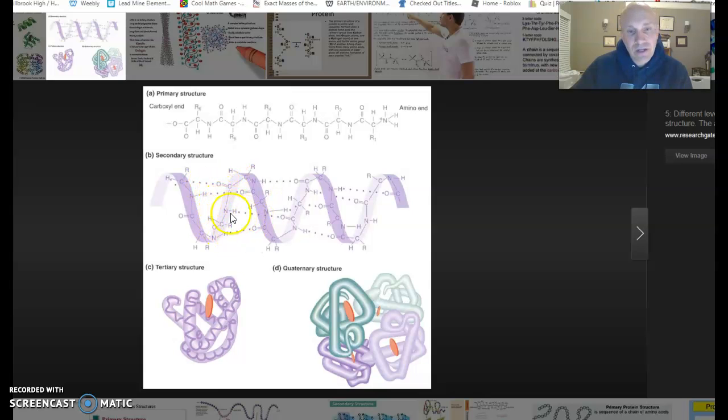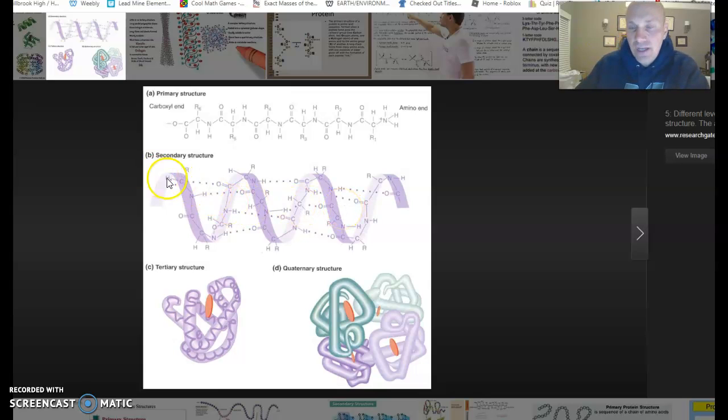Those are hydrogen bonds between close-by amino acids, and that really acts to hold this structure together. Remember, hydrogen bonds are little bits of Velcro that create areas of stickiness between atoms, and that holds it together in this overall corkscrew shape called an alpha helix.